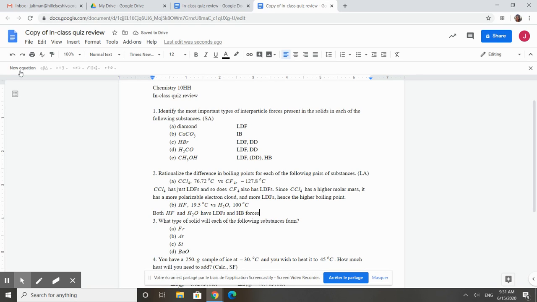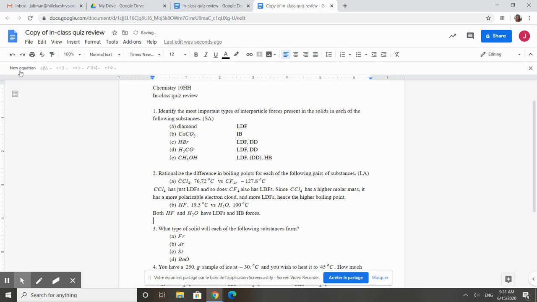Okay, so both of these have both London dispersion and hydrogen bonding. There's actually two ways you could approach this. No, I'm incorrect. There's only one way that you could approach it because their molar masses are really, really similar.